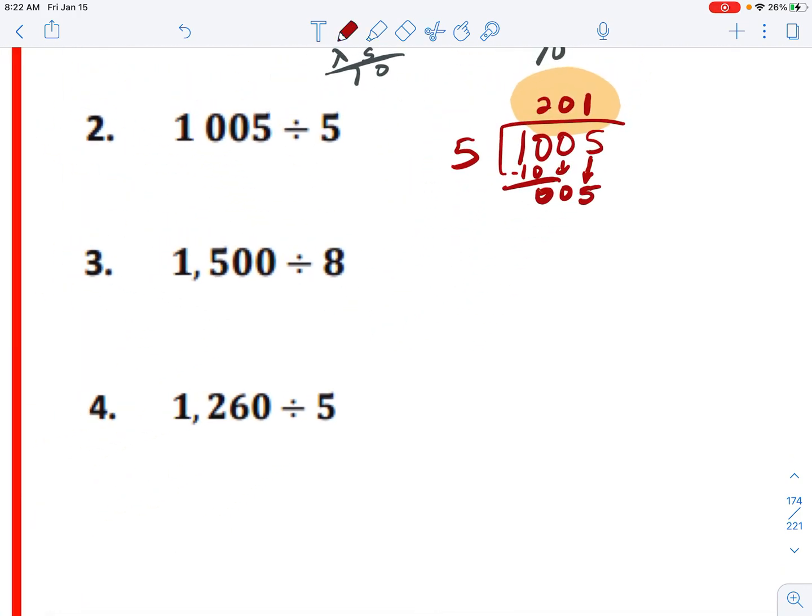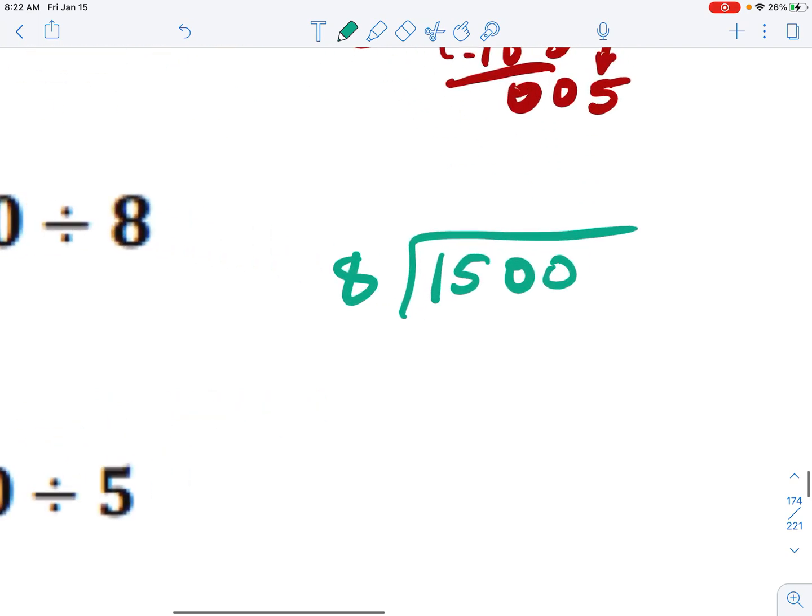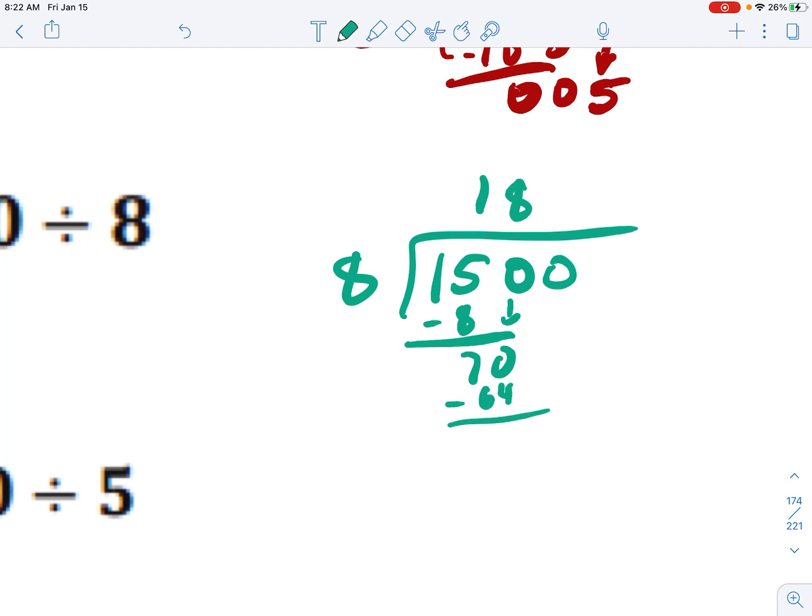Number 3 was probably the hardest problem, just because you had to add a decimal and a 0 because it did not go in evenly. So 8 goes into 15 once. You subtract that and you get 7. You bring down the 0. 8 goes into 70 8 times. That is 64. We subtract that and we get 6.